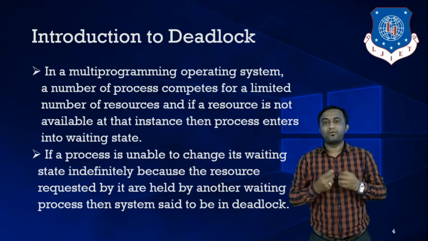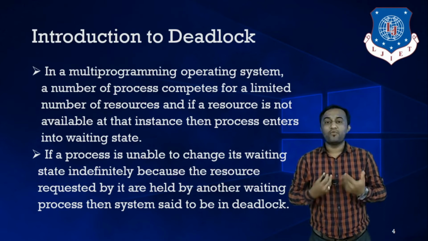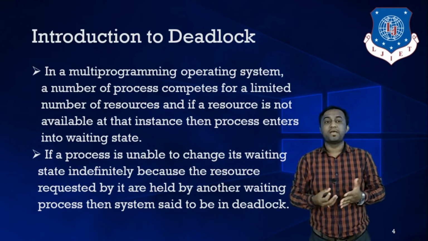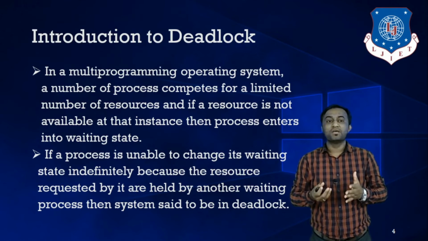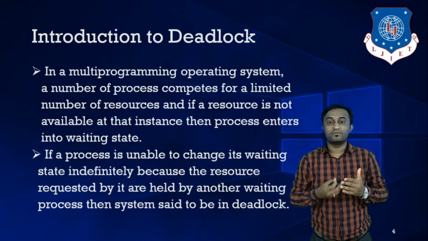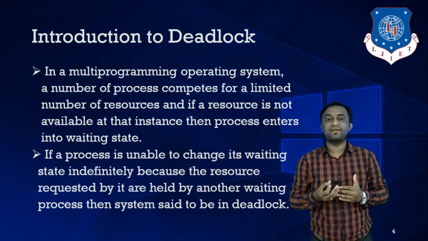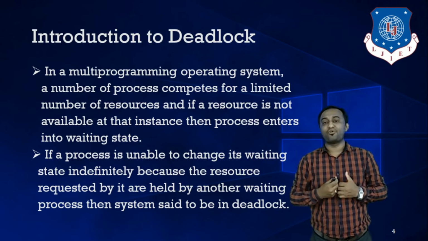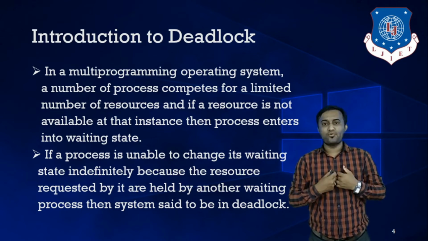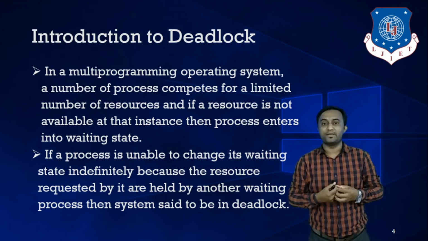If we have more than one process and some of the processes are waiting to get resources, and that wait is indefinite because the resource requested by that process is held by some other waiting process, the system is said to be in a deadlock.